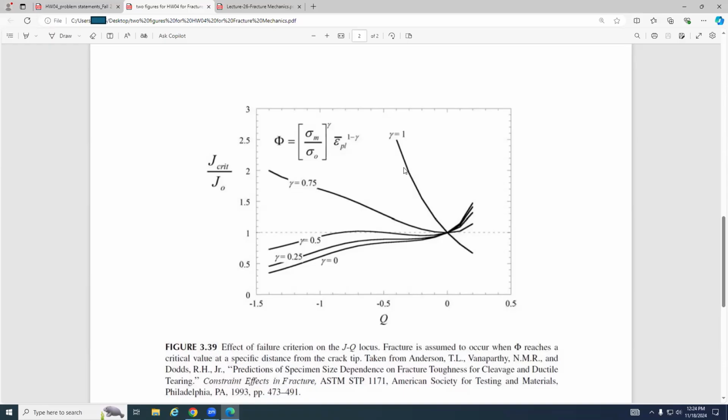That means J critical over J0 is 1.8. So based on Q, using Q equals negative 0.275, and checking figure 3.39, we can get J critical divided by J0 equals 1.8.